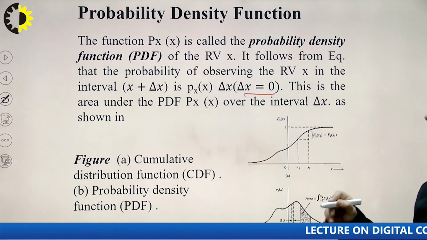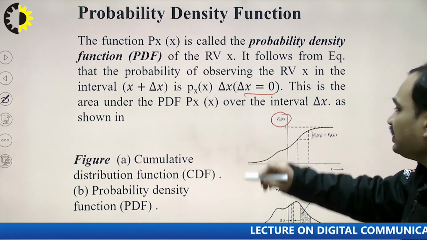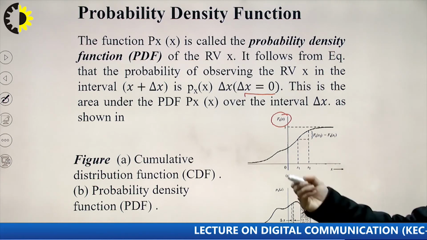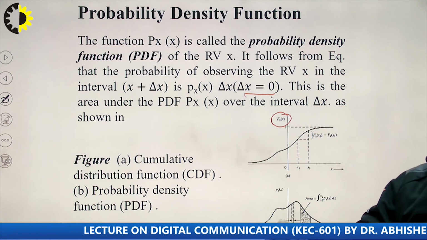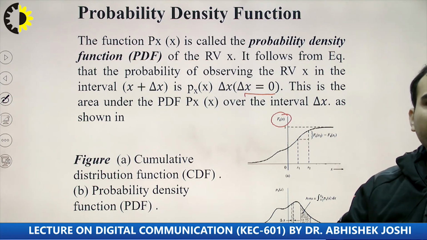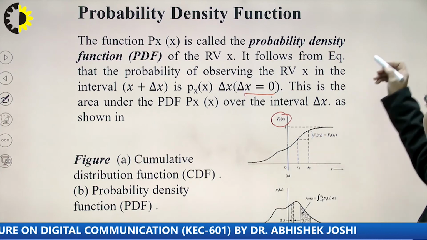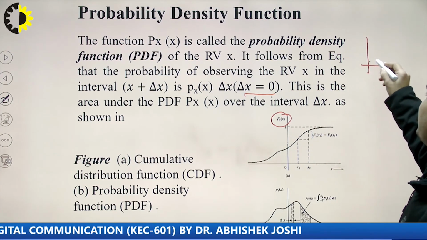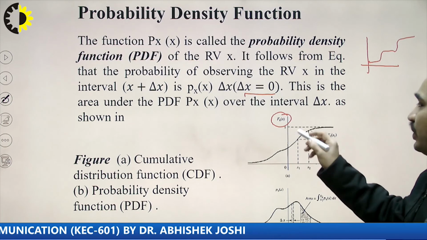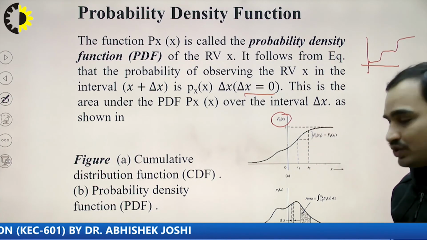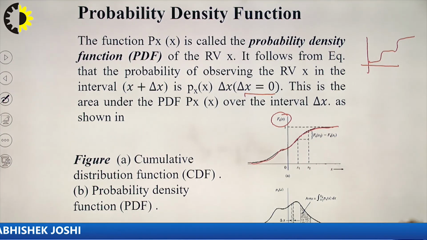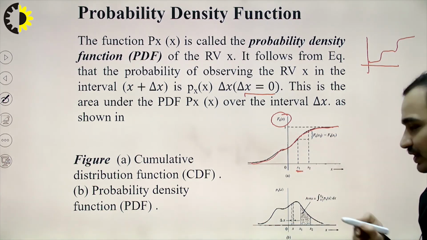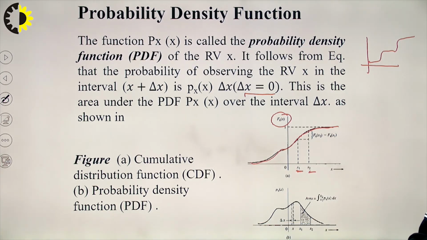How can we represent this? This is the CDF, the cumulative distribution function, which we considered earlier in our lecture when the experiment was tossing a coin 4 times, and we described it as a step function. Here we have the CDF represented by this curve in the graph, and we are considering an interval between x1 and x2.